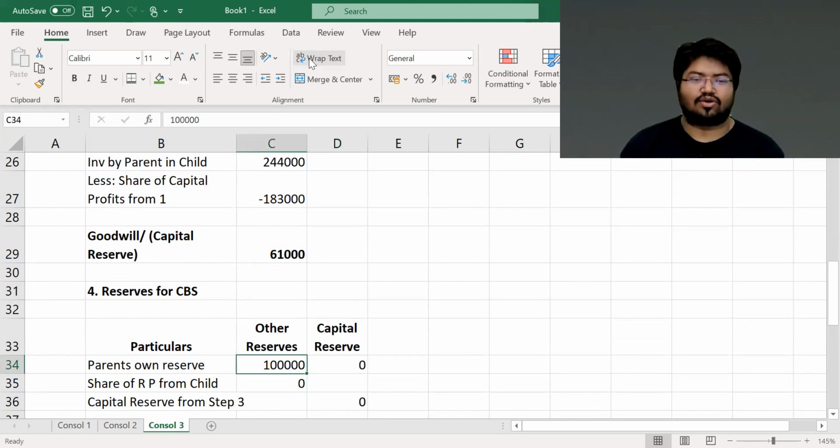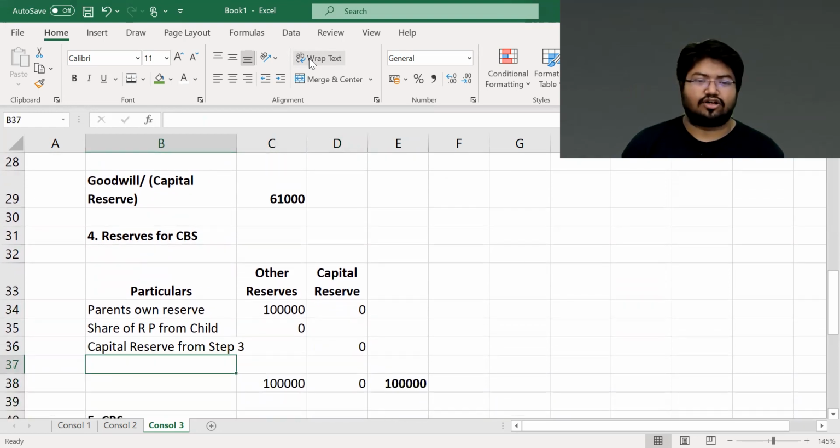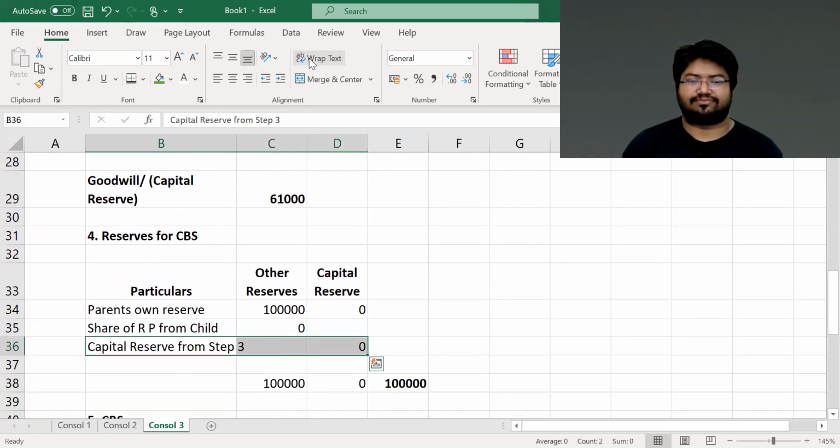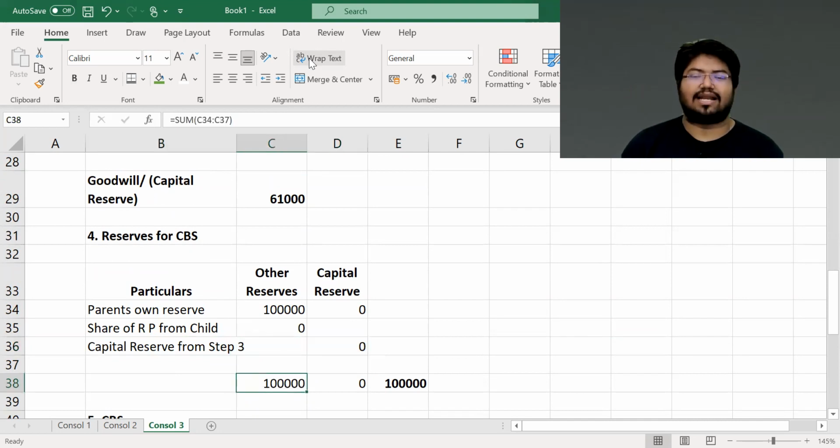Apart from that, share of revenue profits from child, nothing has come, and capital reserve is not there. So it is just 1 lakh of other reserves what you have. So 1 lakh is your reserves for CBS. That's it.